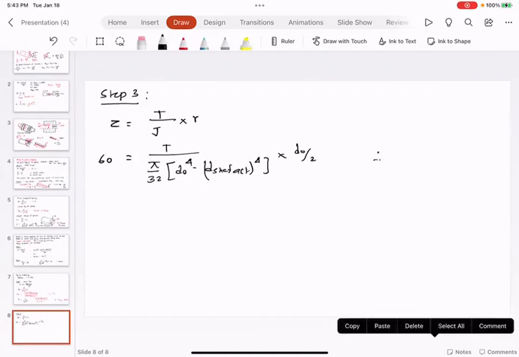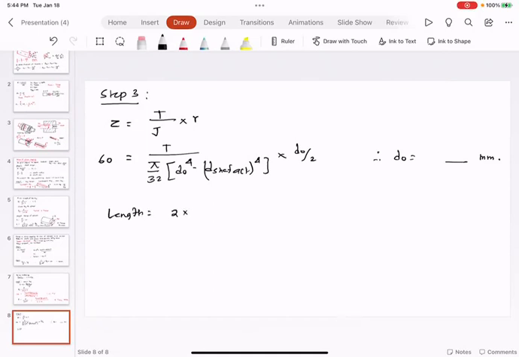The only unknown here is D outside, and you will get the entire design. Last step is the length. 2 times the length of the key plus 5 millimeter clearance. So 2 times L plus 5 is the length of the coupling.